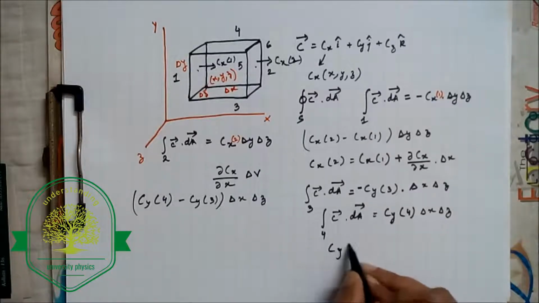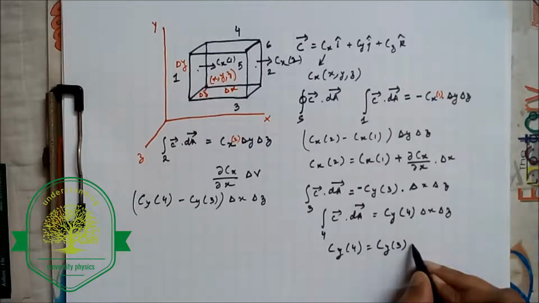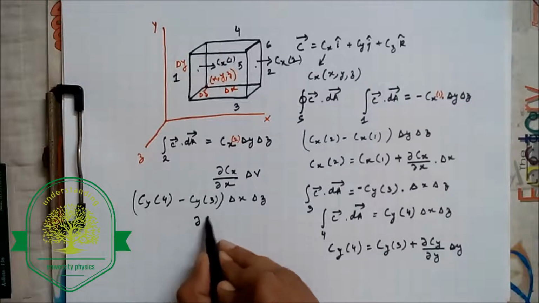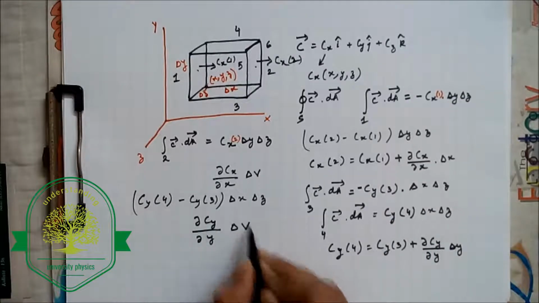But we can say that cy at surface 4, to the first approximation, equals cy at surface 3, but to the second approximation it is the rate of change of cy with respect to y times delta y. So cy4 minus cy3 is just this term, so that becomes partial of cy with respect to y times delta v.